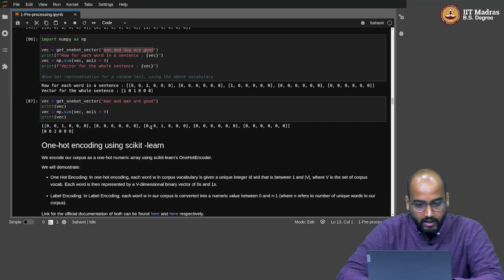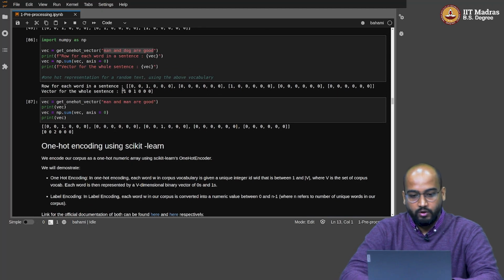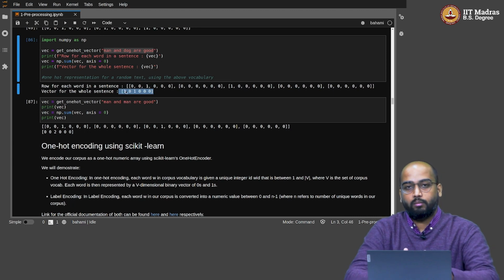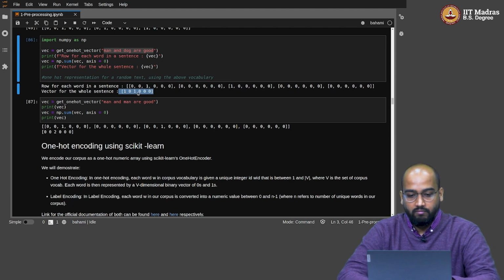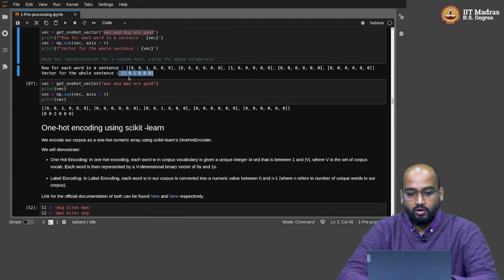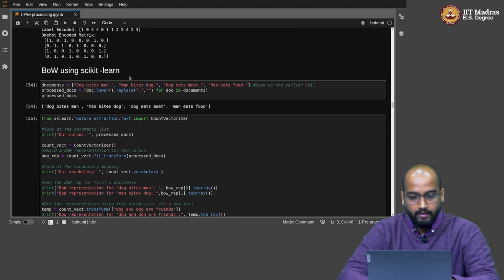So just to go back, this would be the bag of words representation for this particular sentence, right? So you had a one hot encoded vector for each position and for each token, and you had summed it up or flattened it into one vector representation of the sentence, right? And this could be thought of as the bag of words representation.